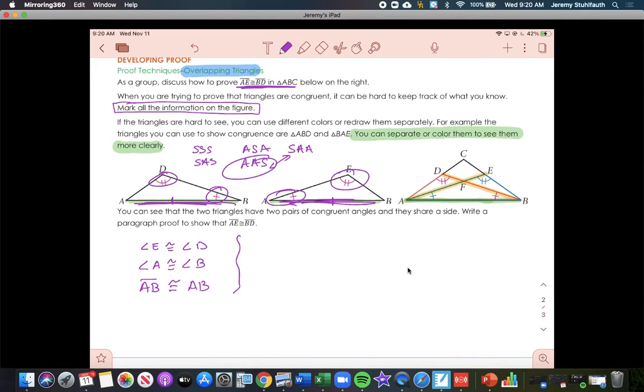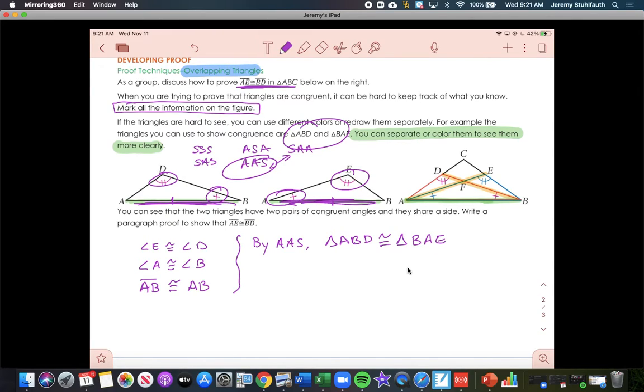So what we can say is by angle, angle, side, triangle ABD is congruent to triangle BAE. Let's use the same naming that they used up here.